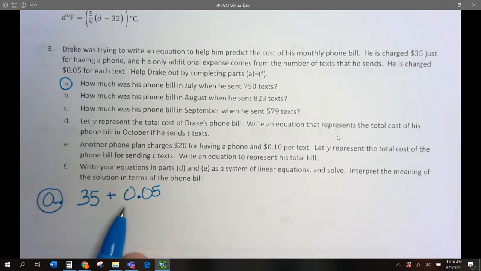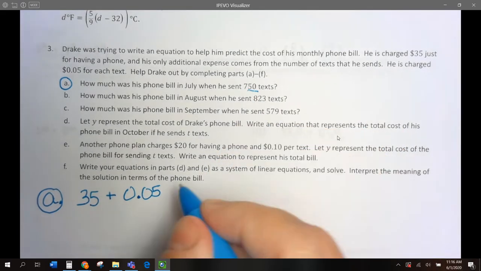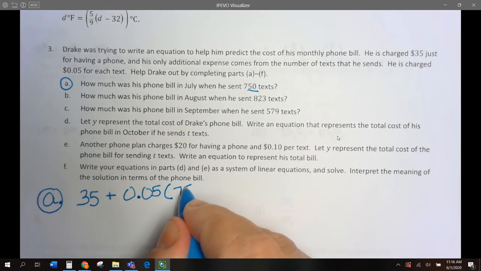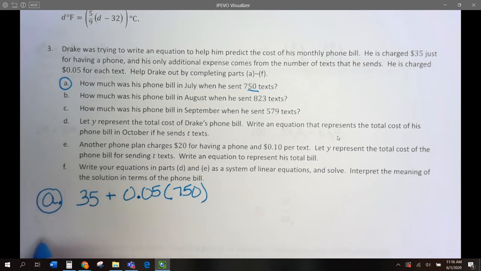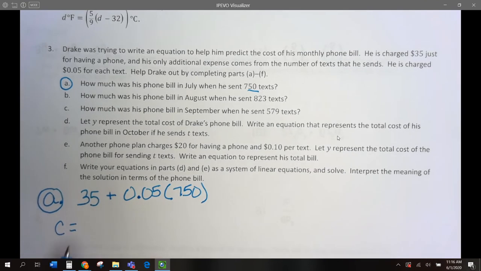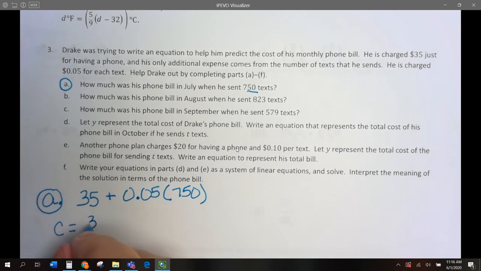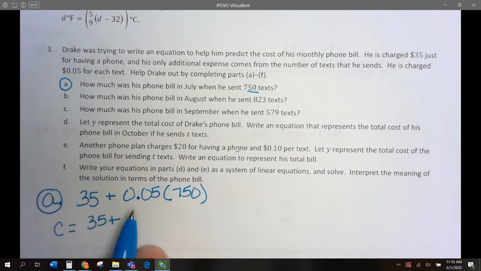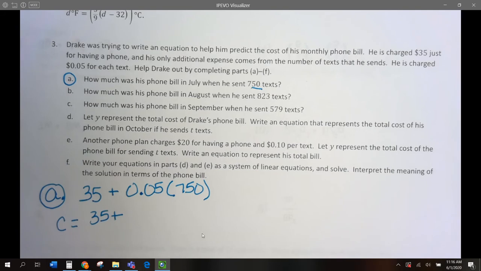So 5 cents, and here he wrote 750 texts. So his total cost is going to be $35 plus 5 cents for each text. So it's going to be 35 plus 5 cents times the 750 texts that he made.